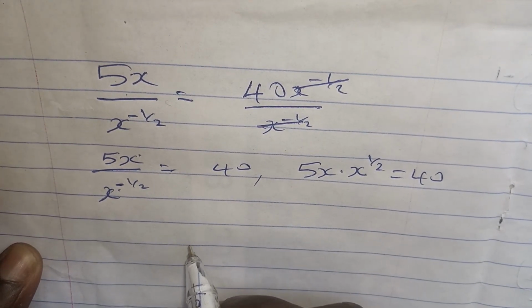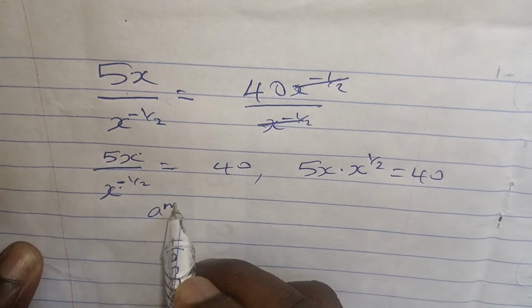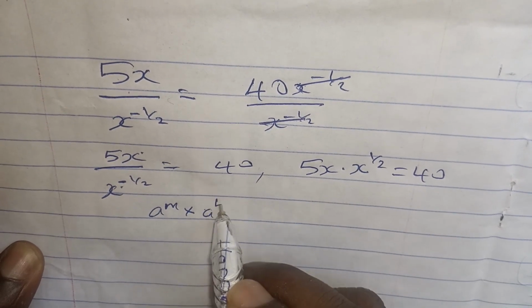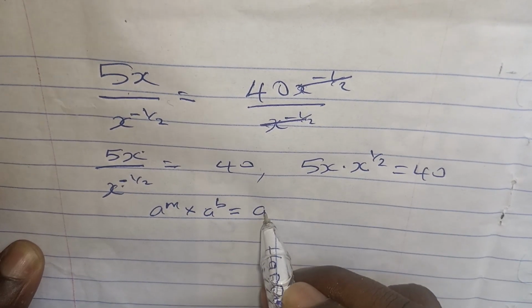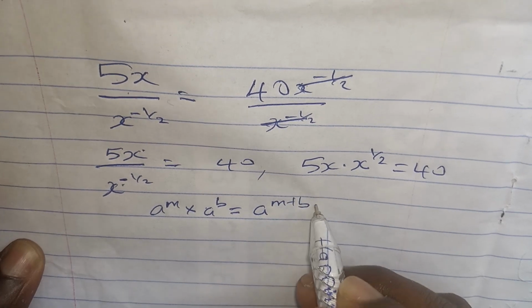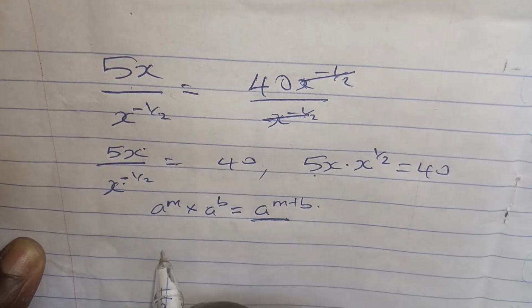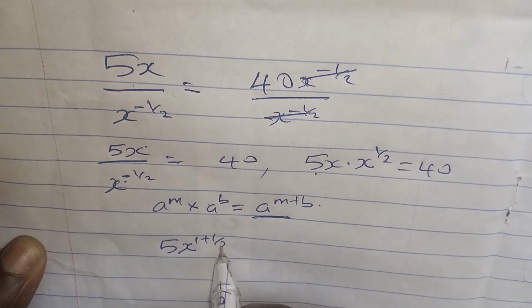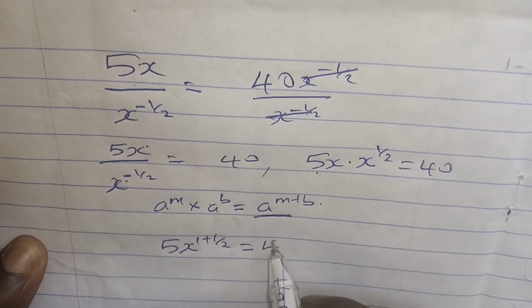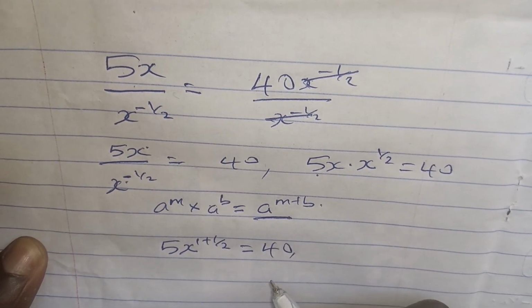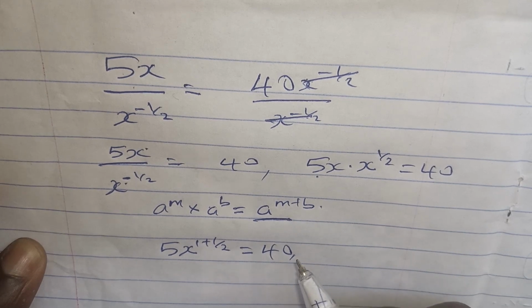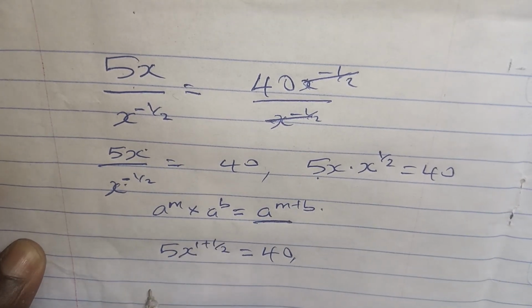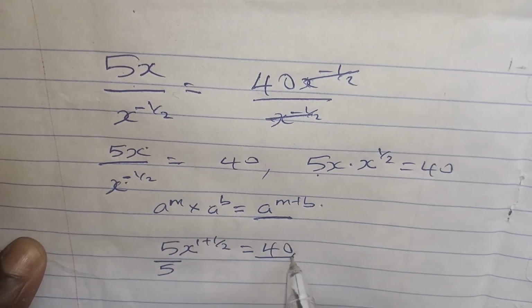I recall from an indices rule that a to the power of m times a to the power of b is equal to a to the power of m plus b. So we have 5x to the power of 1 plus 1 over 2 is equal to 40. In order to make x stand on its own, we divide both sides by 5.